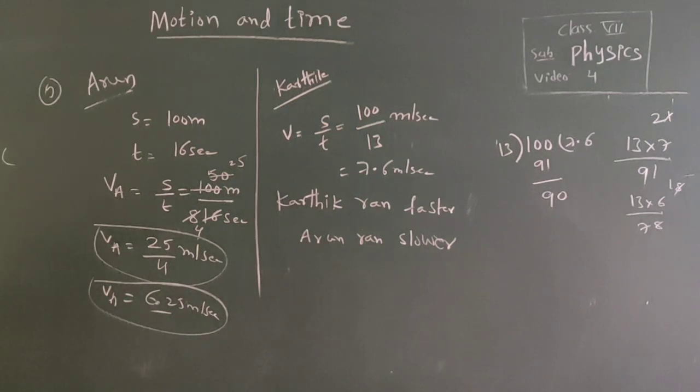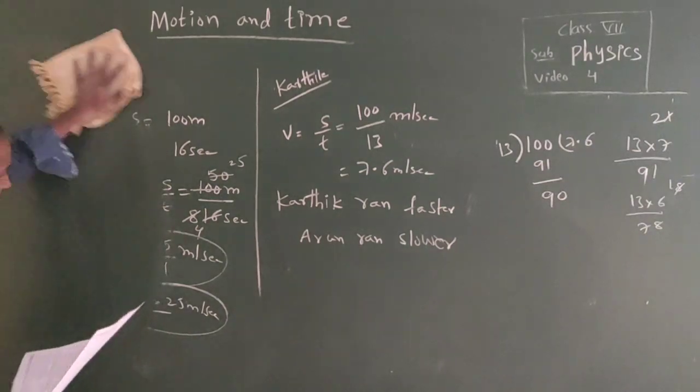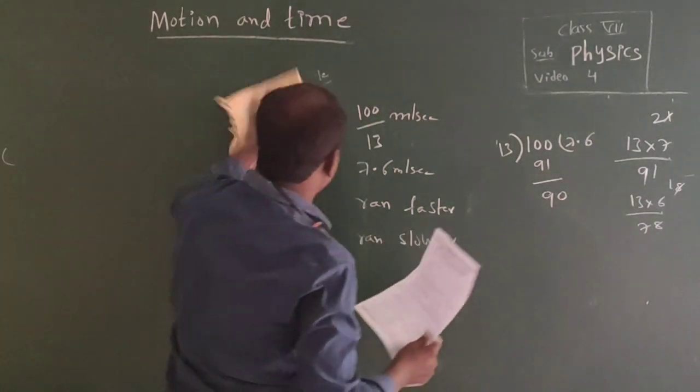Question number 6, next one. Next statement is Gopi takes part in a car race. He covers a distance of 70 kilometers in each of the first, second, and third hours. Which of the following statements is uniform motion? Two statements are given.